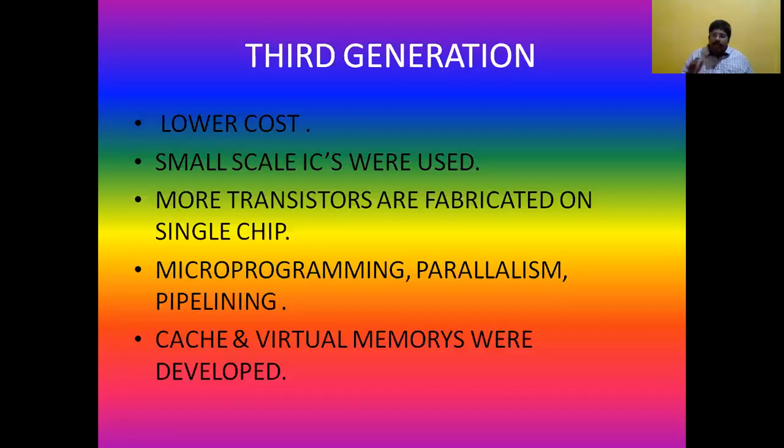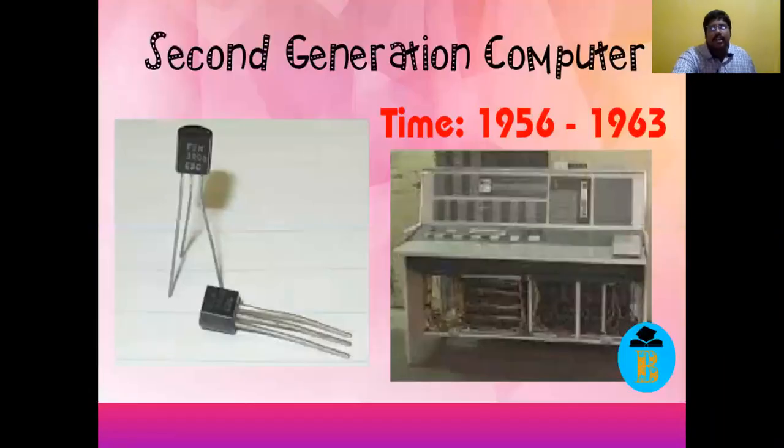That means in the second generation you have seen transistors, no? So here we have a transistor. In the third generation we have an IC where tens to hundreds of these transistors are placed in a single silicon chip.